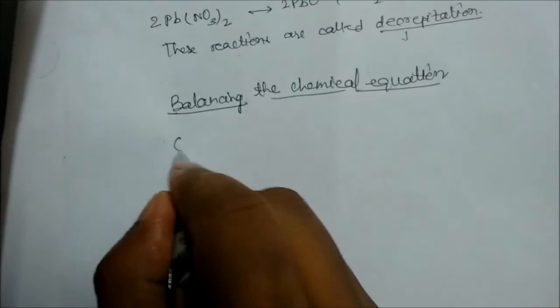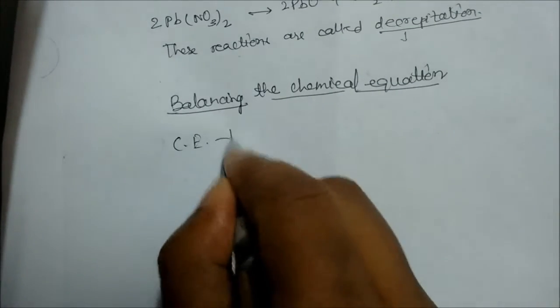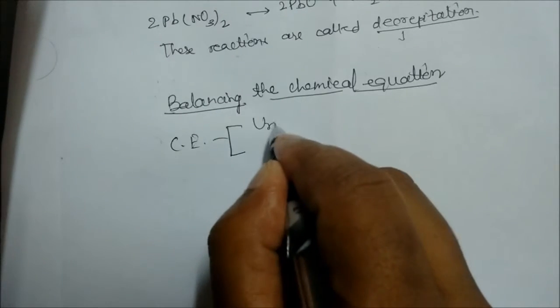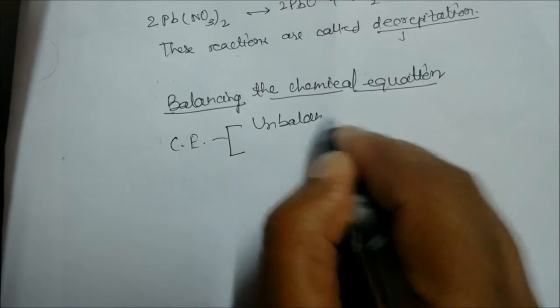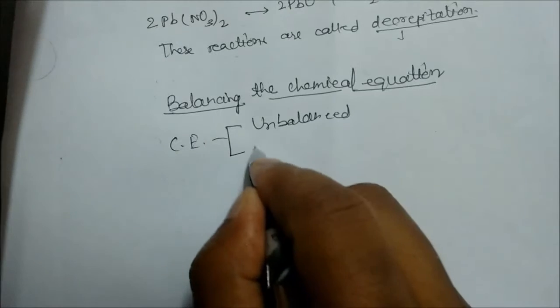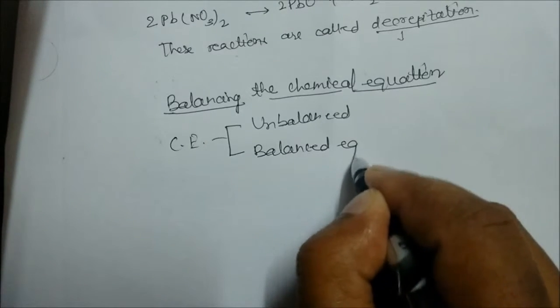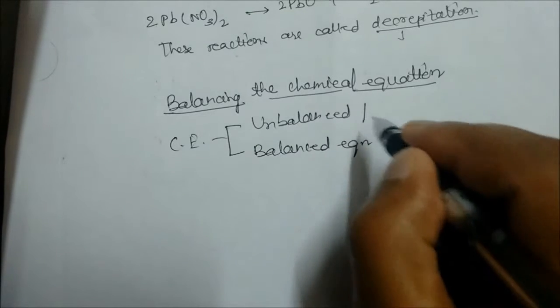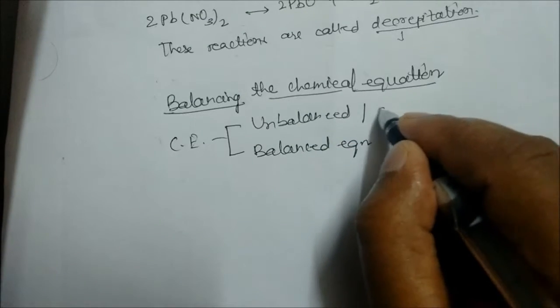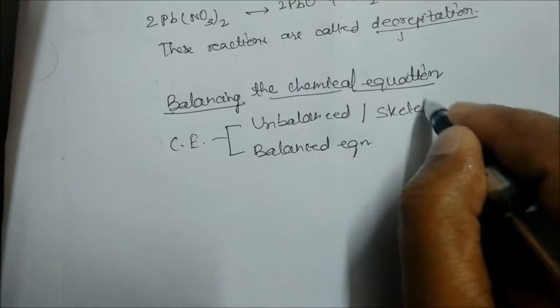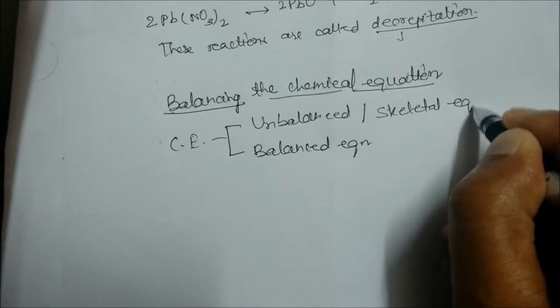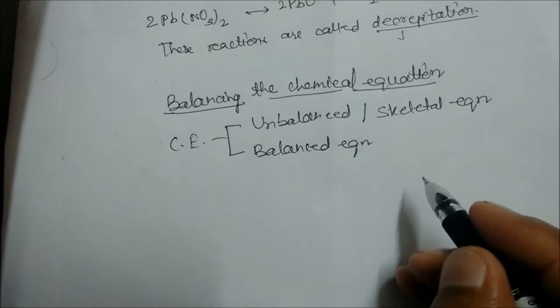So chemical equations are of two types. One is the unbalanced equation and the second is the balanced equation. The unbalanced equation is also called a skeletal equation.